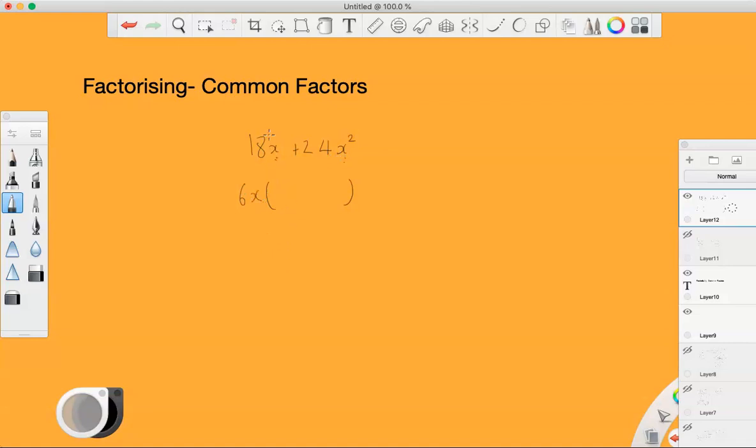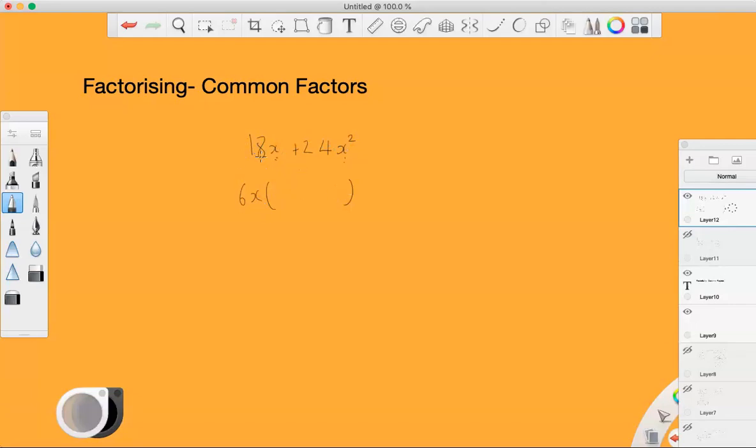So when we've got an algebraic expression, x is a common factor. If we've got x's or y's in each term in our expression, we look for the lowest power. So x to the power 1 is the lowest that we can take out. Then let's look at what's going to be in the bracket.